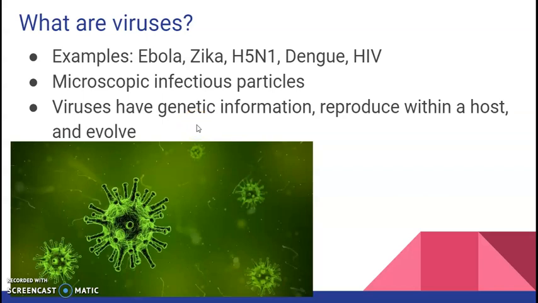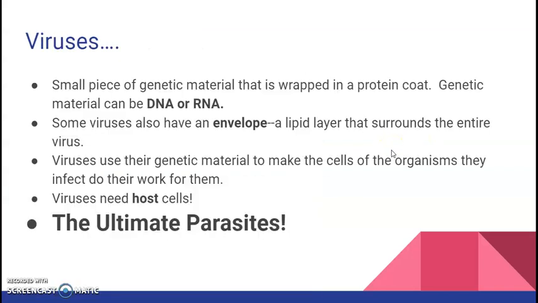They don't grow and develop. So they're very limited. But two things they have that are very important are genetic information, and they can evolve. That genetic information allows them to reproduce, but only within a host cell. On their own, they cannot reproduce.